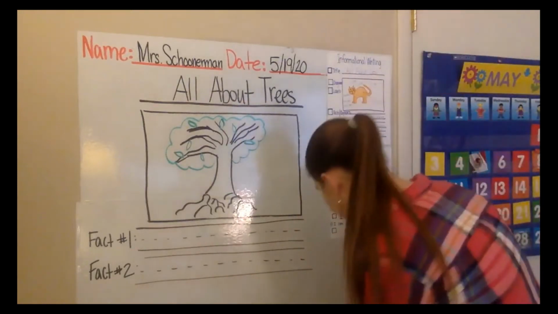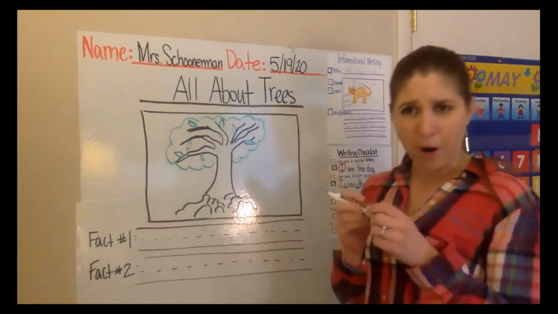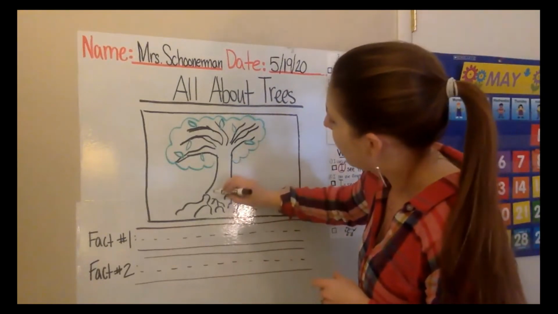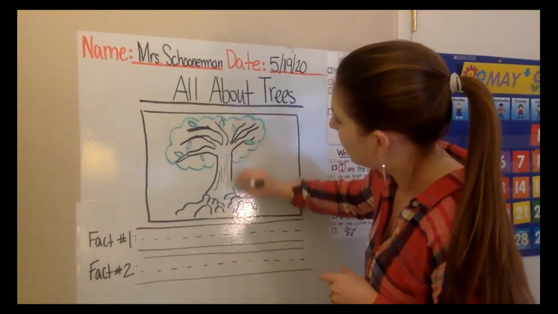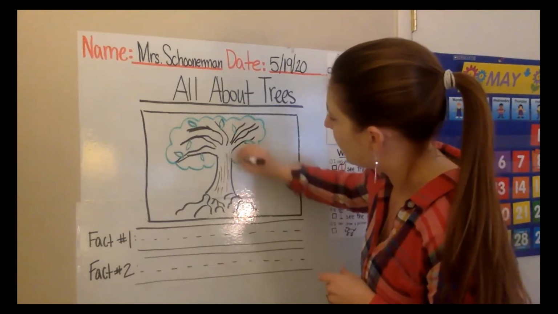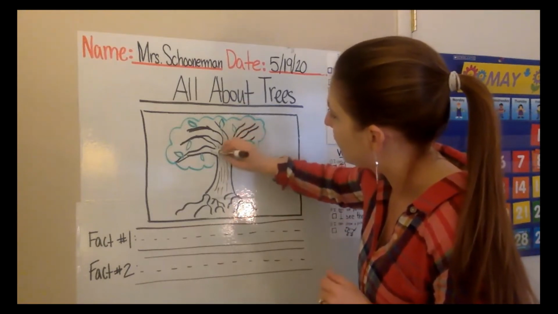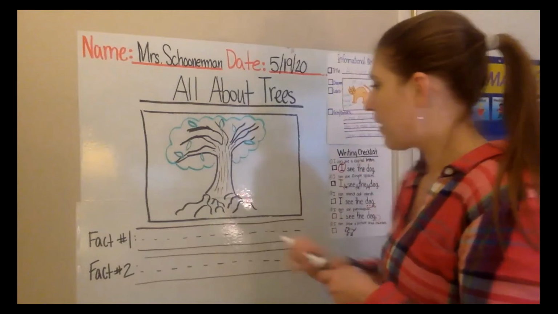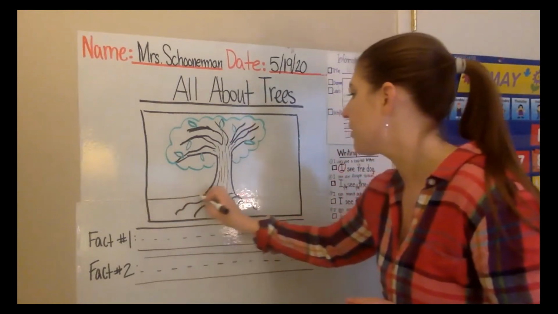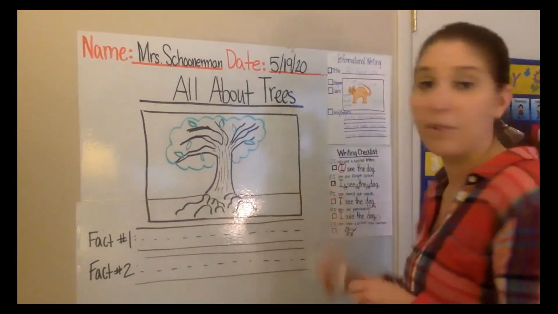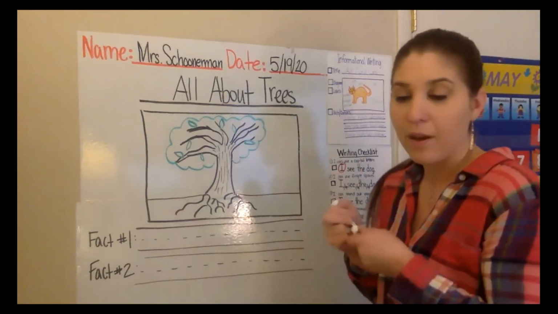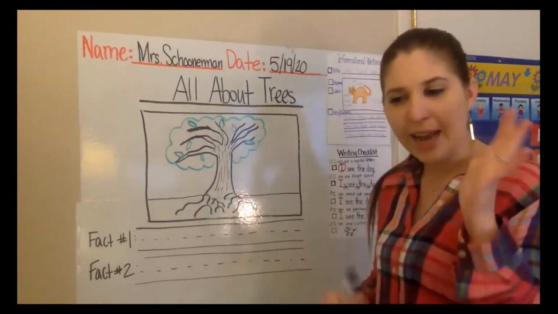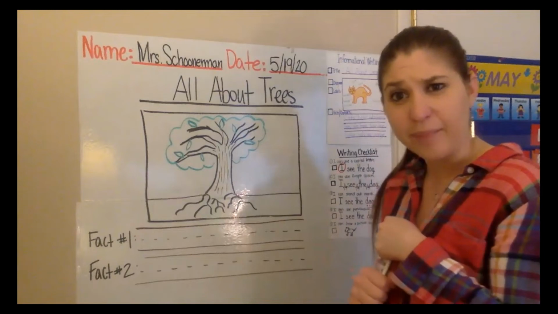And let's see. It also has bark. So I'm going to add some rough looking texture here to make it look like there's bark on the tree. And I'll draw the ground line right there.